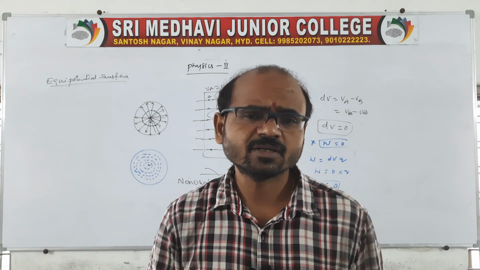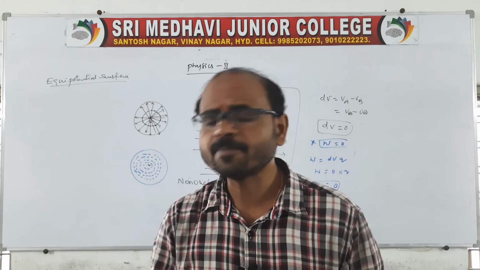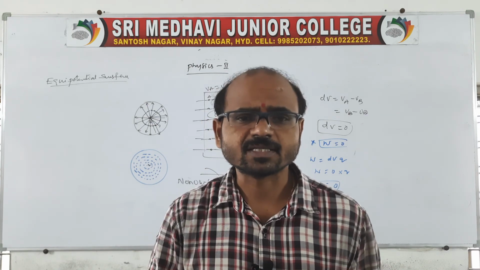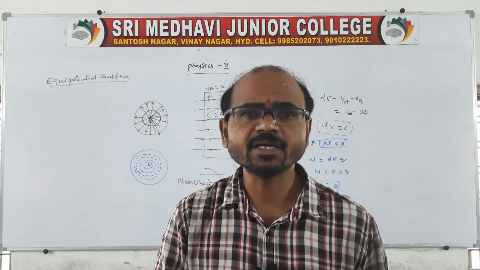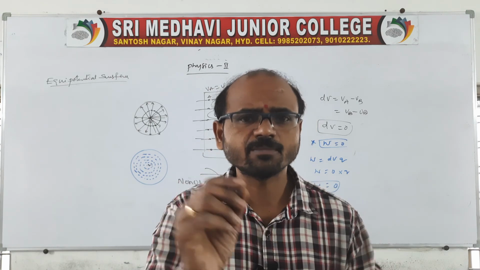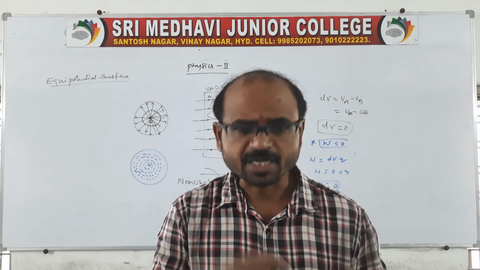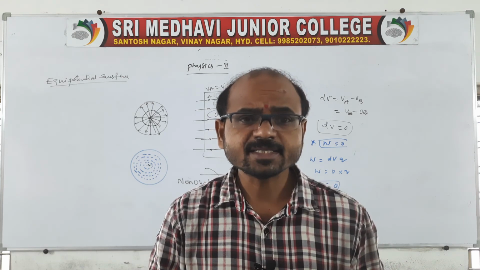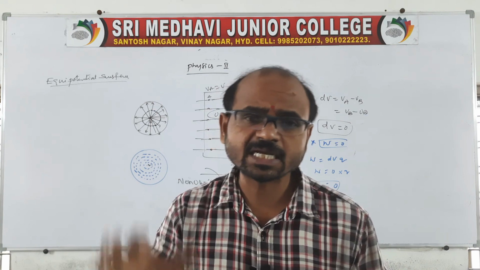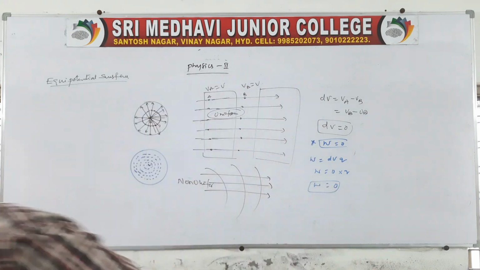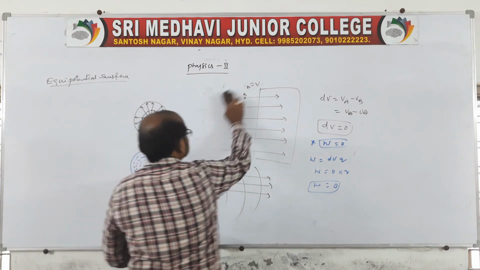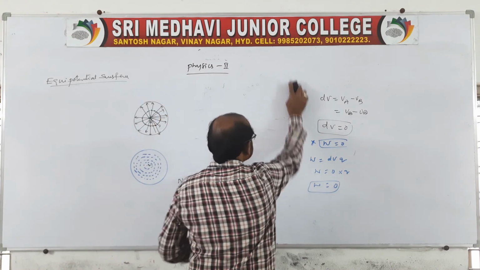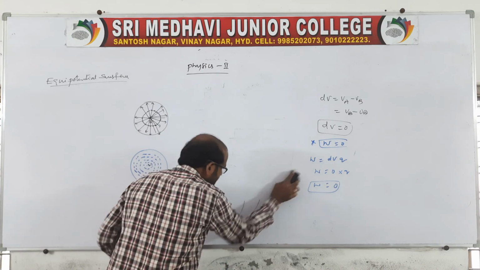A dielectric is a substance which does not allow the flow of charges. That means dielectrics, or bad conductors, are substances in which electrons are tightly bound with the nucleus. That is what we call dielectric substances.